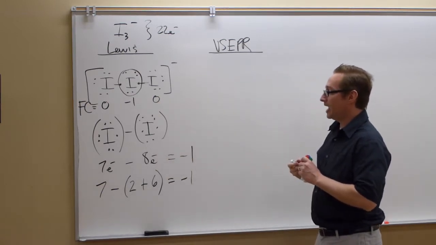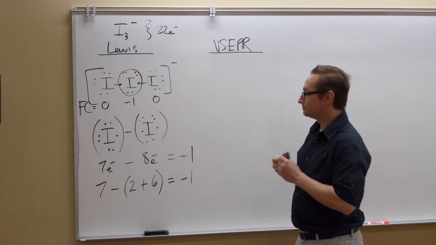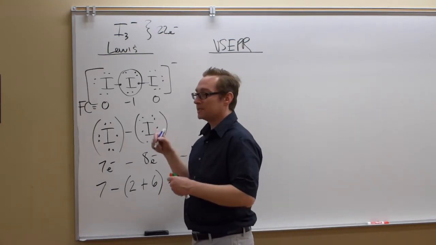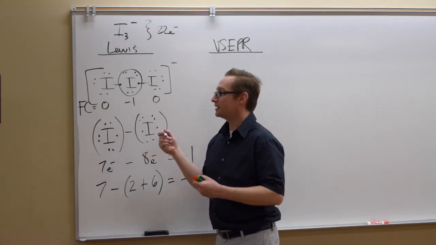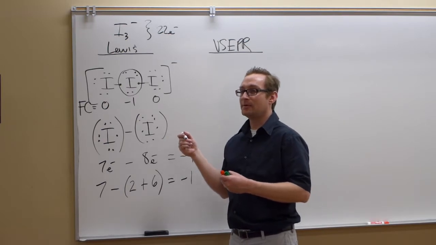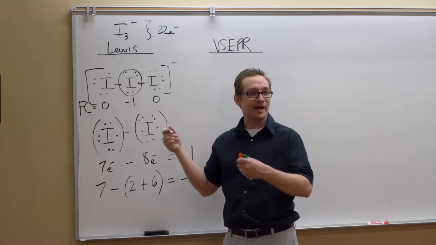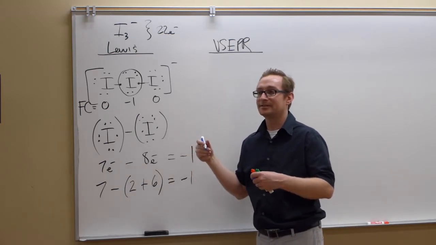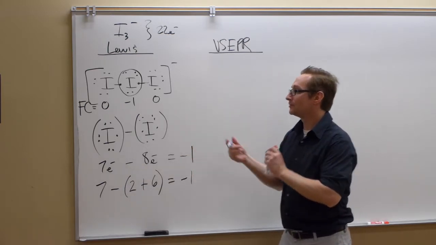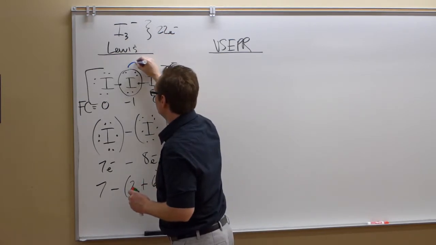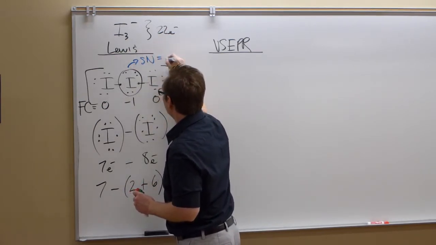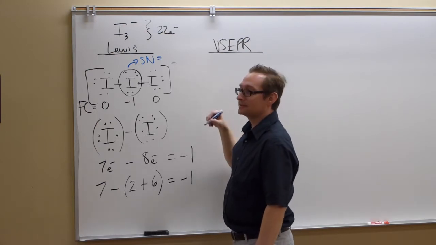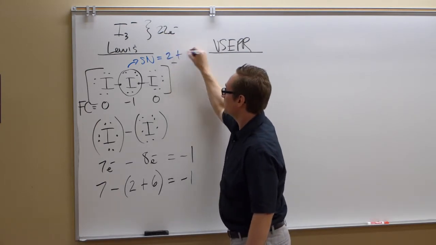So what's our steric number? When I say steric number, which atom am I referring to? I'm always talking about the central atom, because outer atoms don't have a shape around them. So the steric number for that middle iodine is going to be how many bonds? 2 bonds plus how many lone pairs?